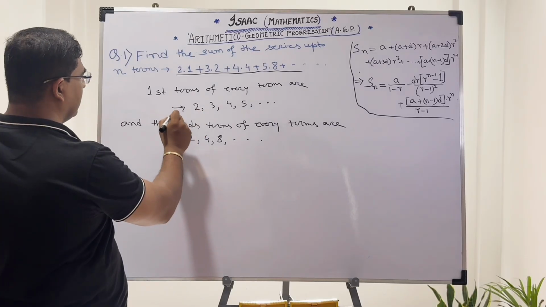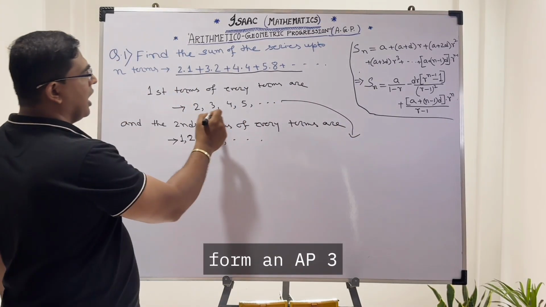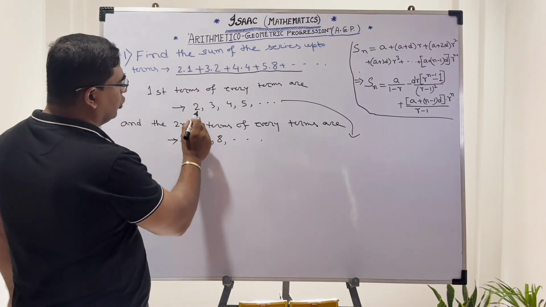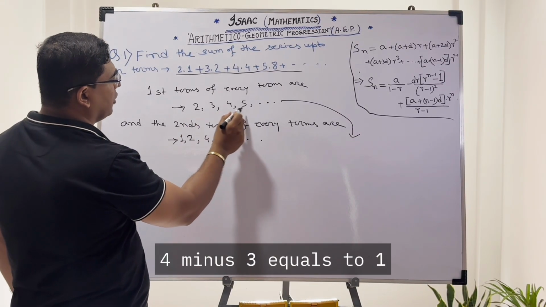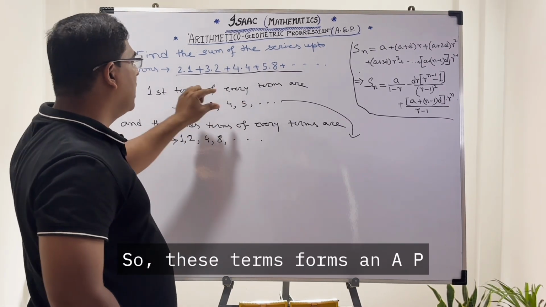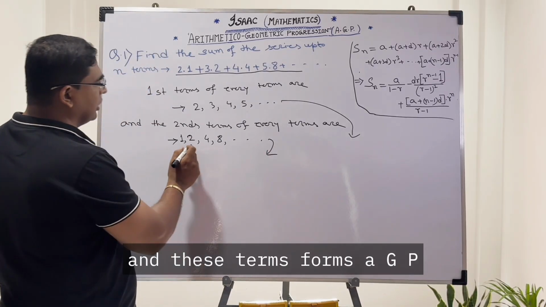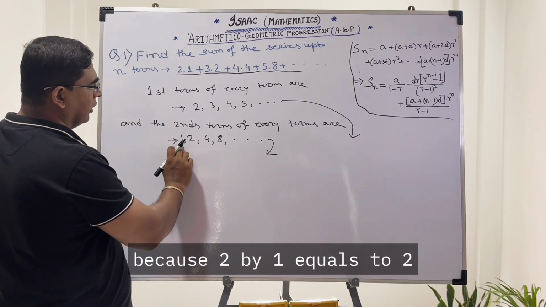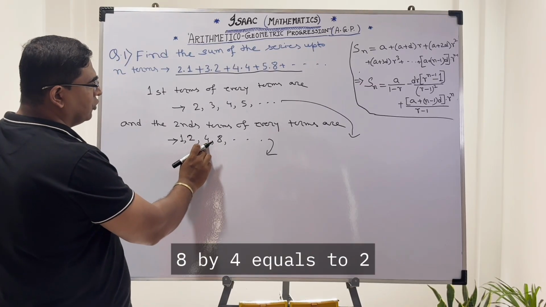So these form an AP: 3 minus 2 equals 1, 4 minus 3 equals 1, 5 minus 4 equals 1. So these terms form an AP, and these terms form a GP because 2 by 1 equals 2, 4 by 2 equals 2, 8 by 4 equals 2.